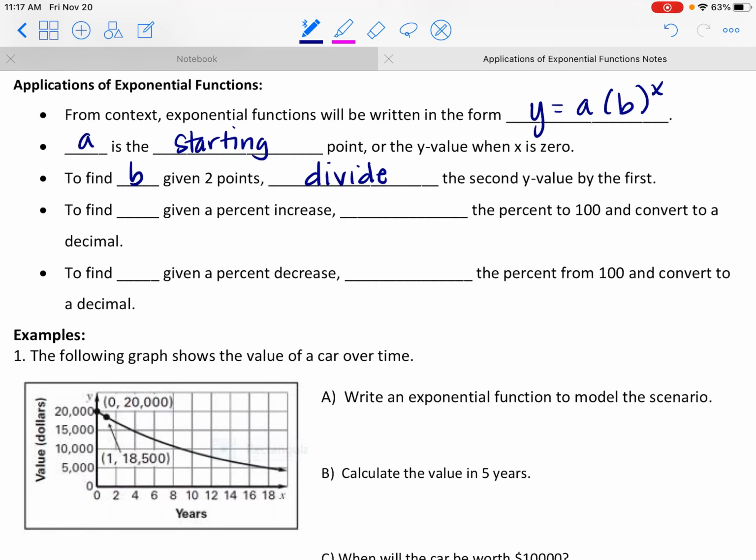Now, if it's a percent, we have to think about what we're doing here. So in your initial value, your starting point, like in your car, for example, the graph shows the value of a car over time. You have some starting value, and by what percent are you increasing or decreasing?